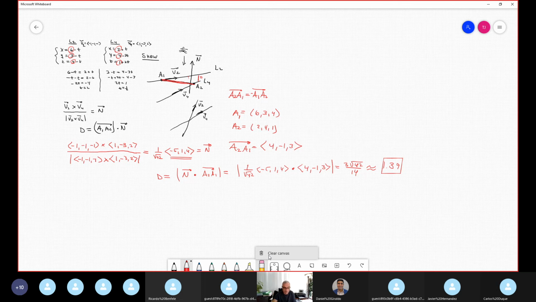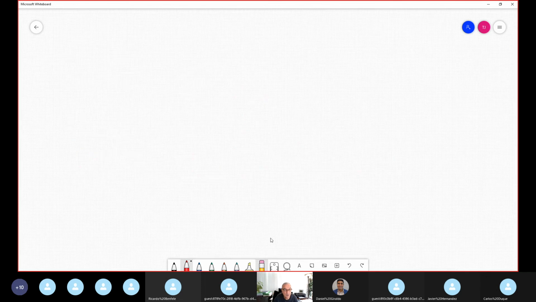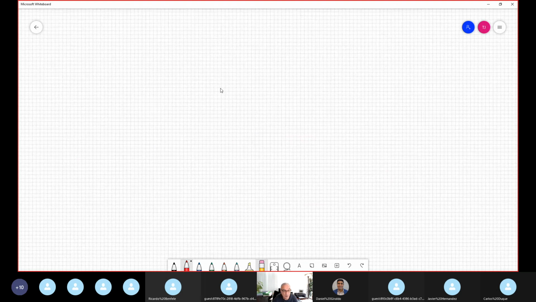Okay. Now, let's see the relationship between two different objects. Suppose now I want to find the shortest distance, of course, from a point to a plane. To a plane.